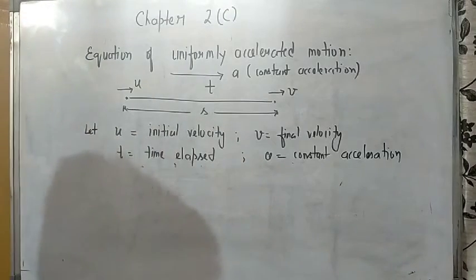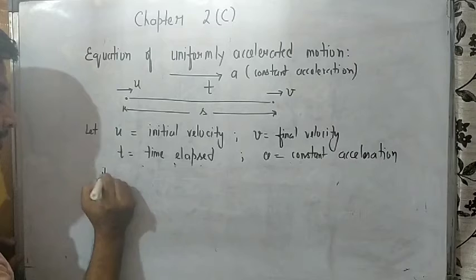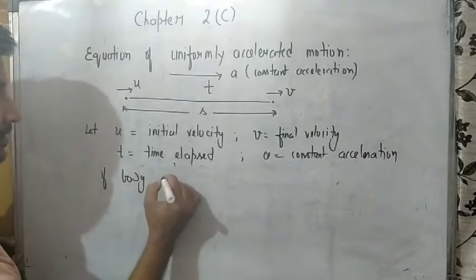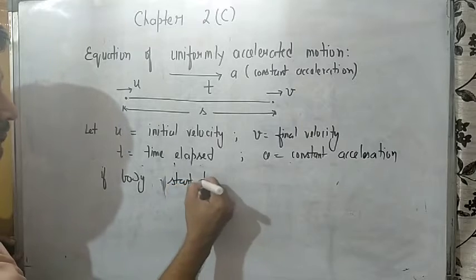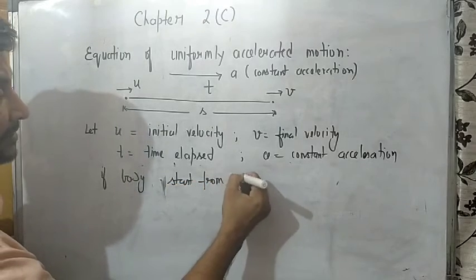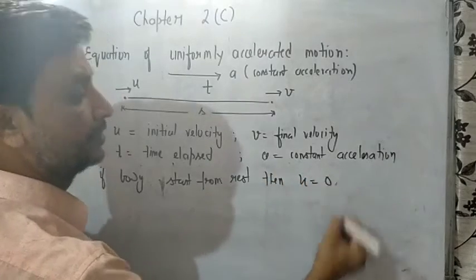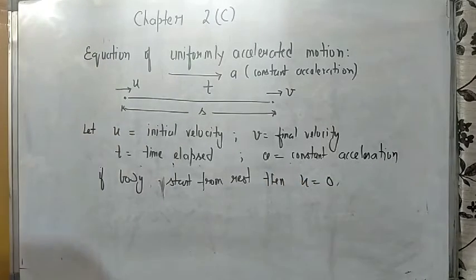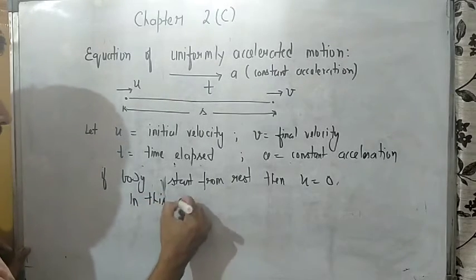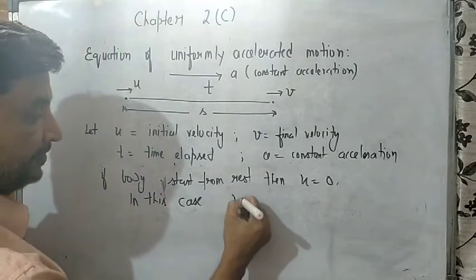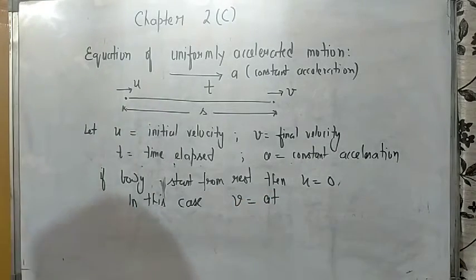Suppose the body starts from rest, then u is equal to 0, the initial velocity will be 0. In this case v is equal to a into t. This is one of the special cases.